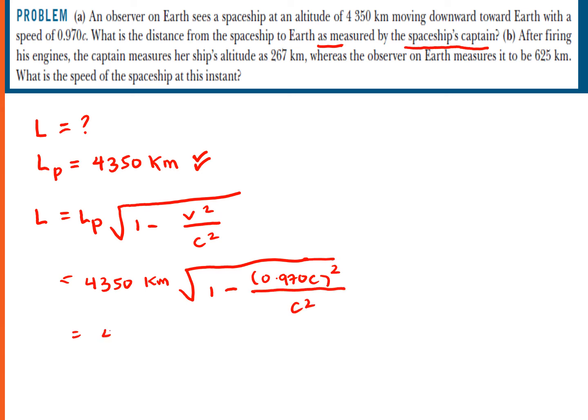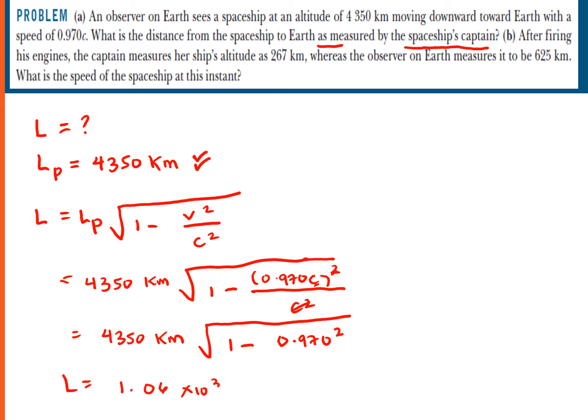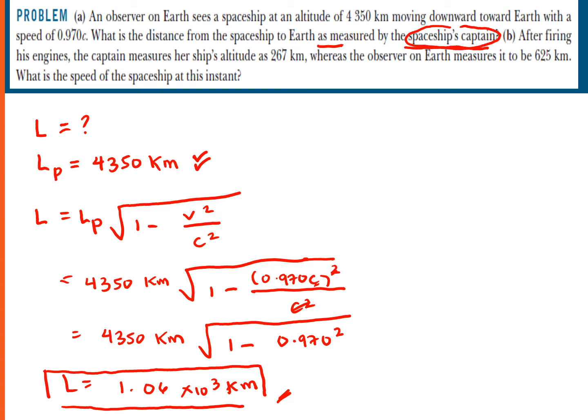Then we will have 4350 kilometers multiplied by the square root of 1 minus 0.970 squared, since we are able to cancel the c squared. This would give us approximately 1.06 times 10 to the power of 3 kilometers, and this is the distance between the Earth and the spaceship as measured by the spaceship's captain.